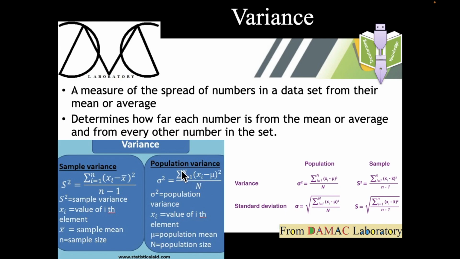So what you have to do, say for a particular variable, these are the values. n is the number of observations, so the number of rows, xi is the value of that particular row, and mu is the mean. And n is the population size.